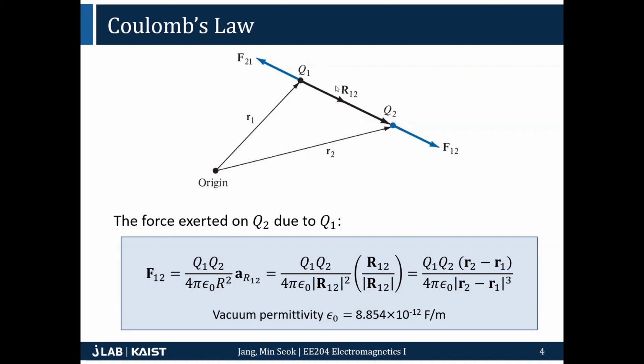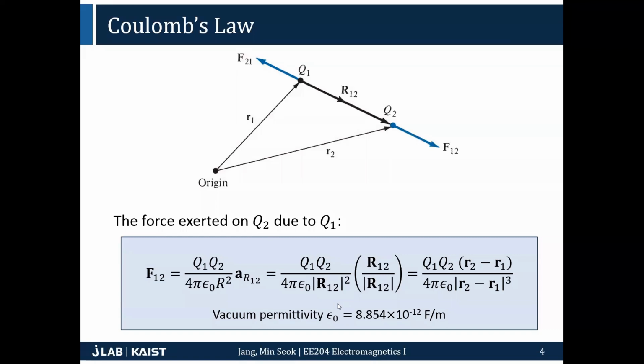And a_R12 is defined as the unit vector along that direction, and large R is the magnitude of R12. For now, you don't need to worry about 4 pi epsilon naught. It's just a coefficient to match these two relations, so it's not important.